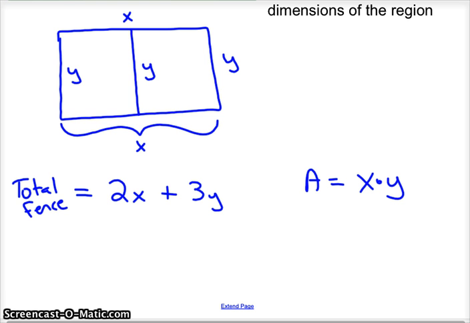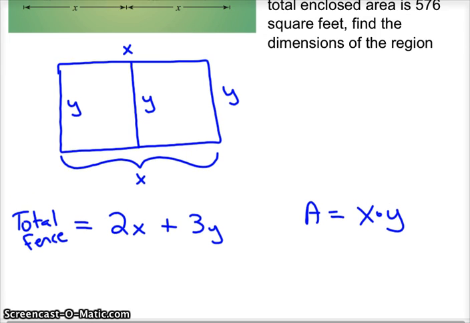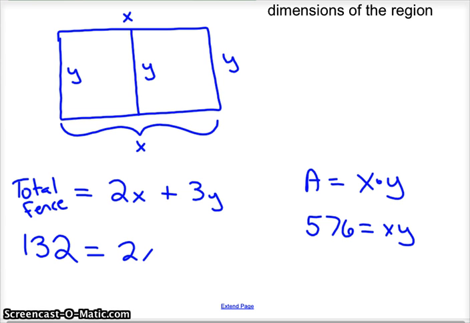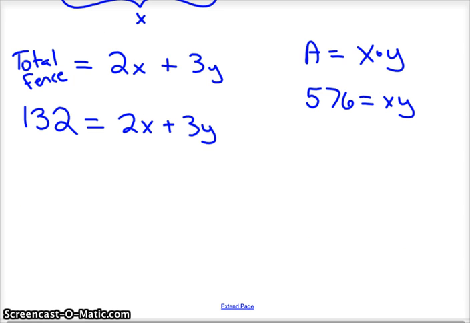Now, we know that our area from the problem is 576, so 576 equals XY. And we also know that 132 was our total fencing that we could use, so 132 equals 2X plus 3Y. In this case, let's go ahead and solve the perimeter formula for X. Actually, you could really solve for any of them.